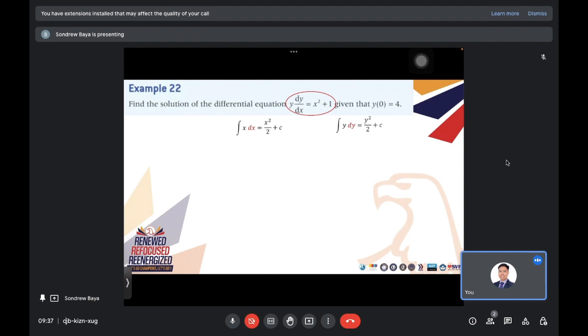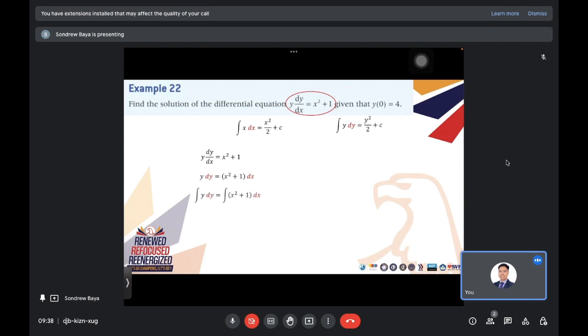So for the given, we can manipulate this one by doing cross multiplication with the dy over dx. We can just cross multiply dx to the other side. Thus we get y dy is equal to the function x squared plus 1 dx. So in this case, it's now appropriate. We can now proceed at integrating it in order for us to find a solution to this differential equation.